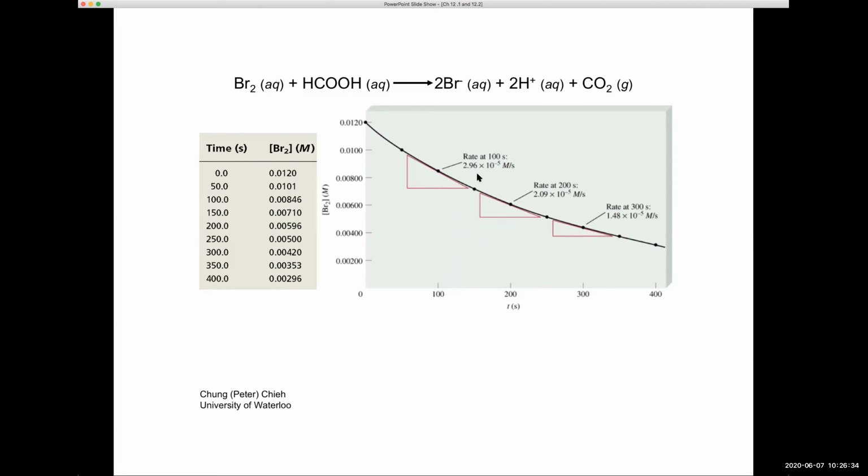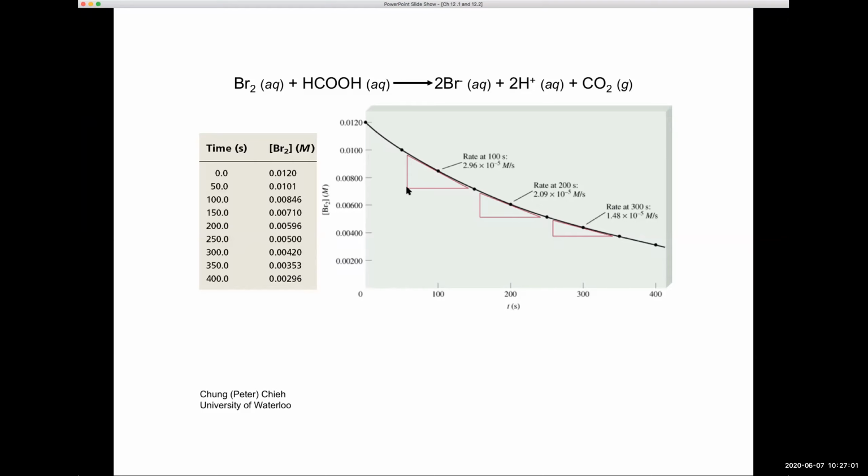And you'll notice that the rate is going down. The rate is the change in concentration, which you could estimate here. You draw a line over to the y-axis. It looks like it goes from 0.007 minus 0.009, maybe 95, something like that.